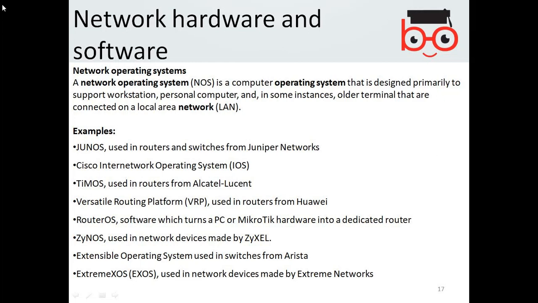If it doesn't have one, then these devices will not be usable. You must have heard that an operating system is necessary to run a computer, and when it is a network device, the specialized network operating system needs to be stored in that particular device. Otherwise, your device will not operate.